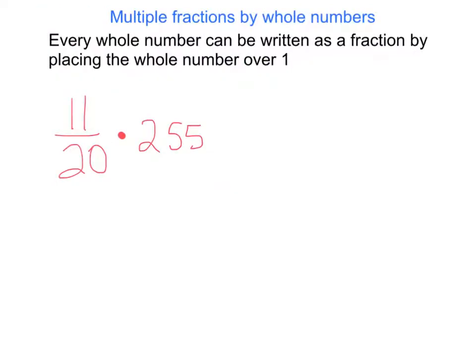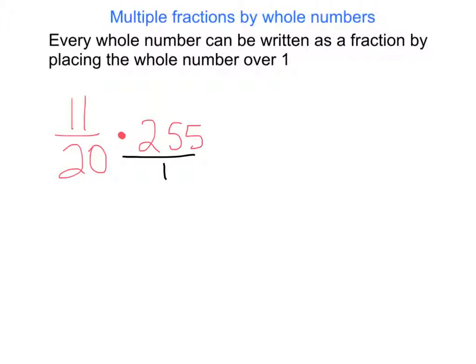When we're multiplying fractions by whole numbers, we have to remember that every whole number can be written as a fraction. You just put that whole number over 1. So in this example, where we have 11/20 times 255, you can make 255 a fraction by just placing it over 1, and then you can begin to simplify.